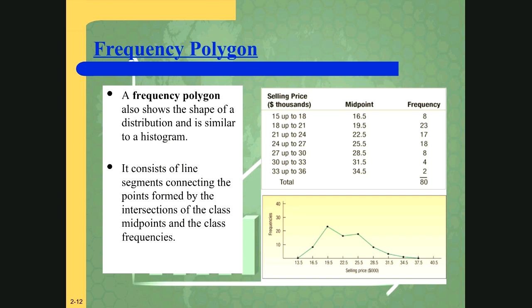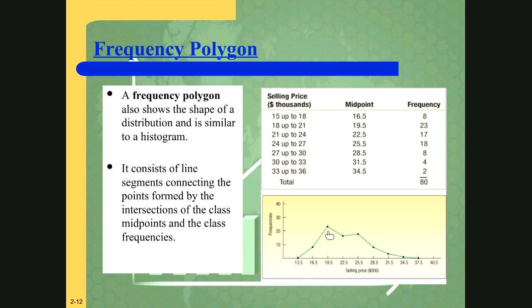So a frequency polygon also shows the shape of a distribution and is similar to a histogram. If you look at the graph, if we had the histogram side by side, you see this point, that's the highest, and there's the width, there's the class interval.